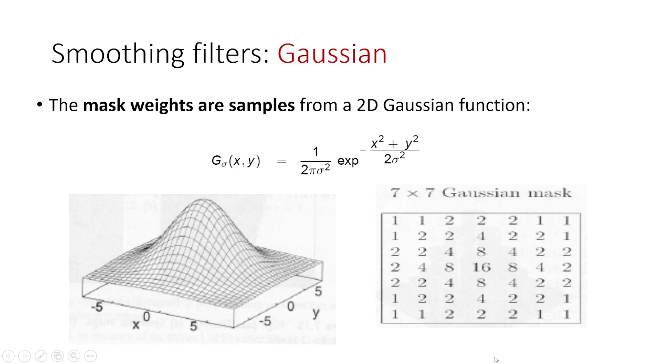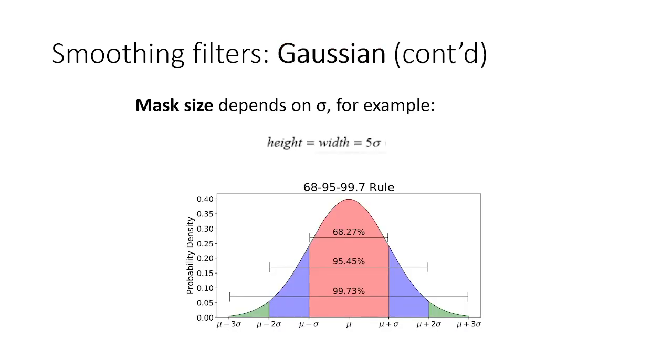A 7 by 7 matrix is an example of what is considered here, with masking for each pixel to find its new smoothed g of x and y value. Usually the conversion takes place like this. The probability density increases or decreases according to the value.